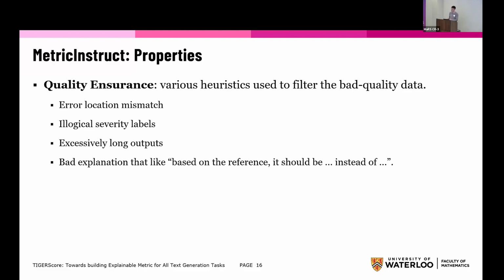We drop this data. It also might contain illogical severity labels, excessively long outputs, or bad explanations, like simply outputting "based on the reference, it should be blah blah blah instead of blah blah blah." It contains no useful information, so we simply drop these kinds of explanations.